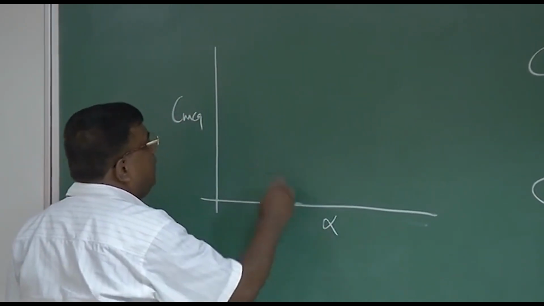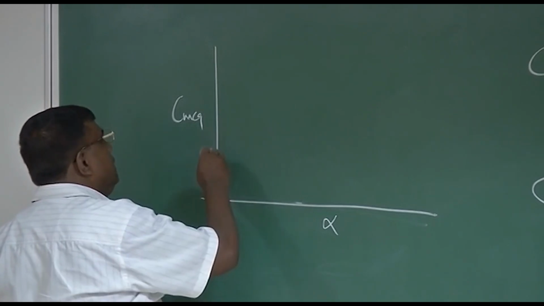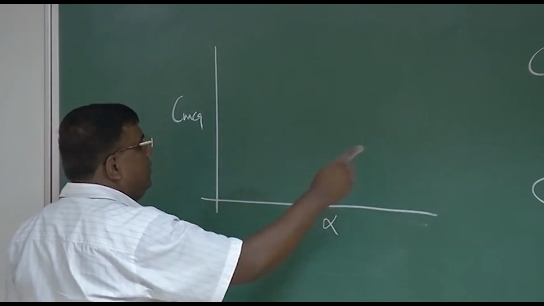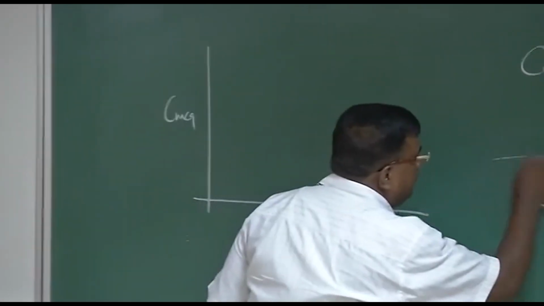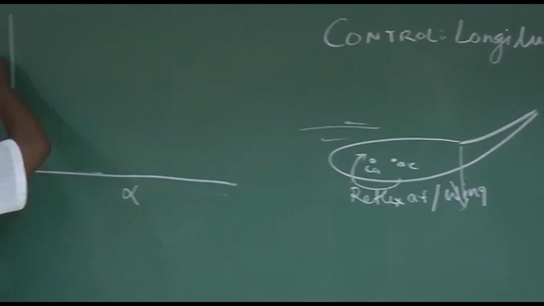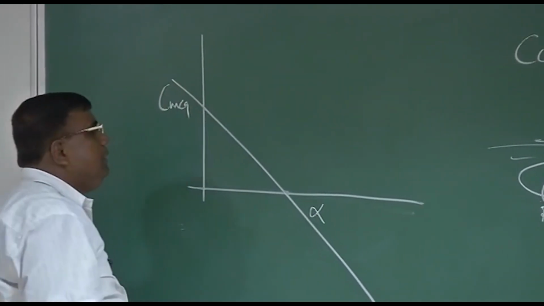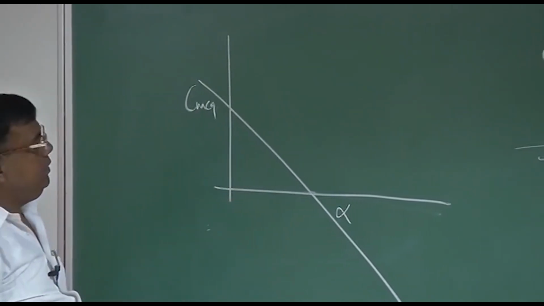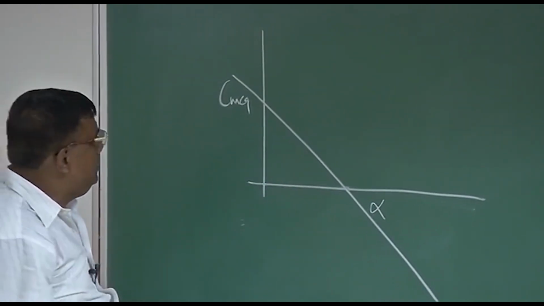versus alpha for this configuration, you know that at alpha equal to 0, there will be Cm naught. At alpha equal to 0, there will be a force downward which will give you a positive moment. So this graph comes like this. And statically stable, AC is behind CG. No problem. We are expert in this now.